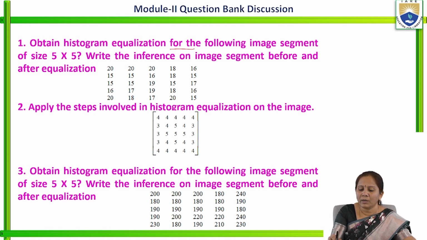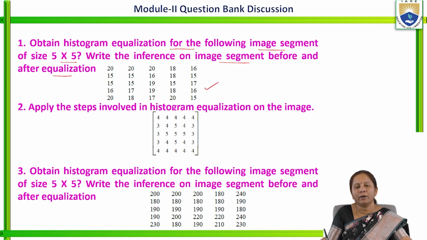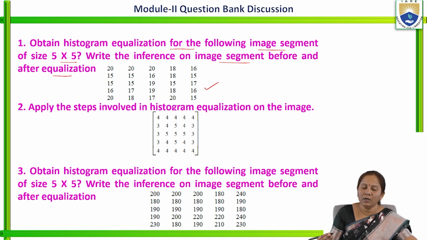Obtain histogram equalization for the following image segment of size 5 by 5 and write the inference on the image segment before and after equalization. This is the image they have given, and we know the procedure to solve histogram equalization. By applying this procedure, we have to solve that problem.